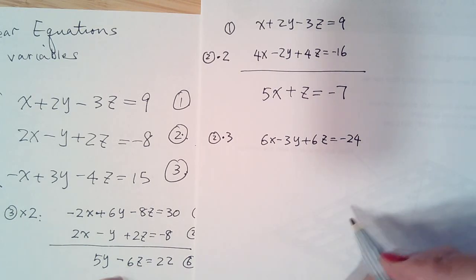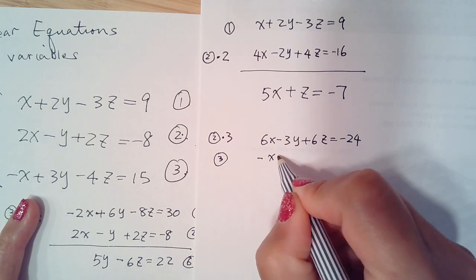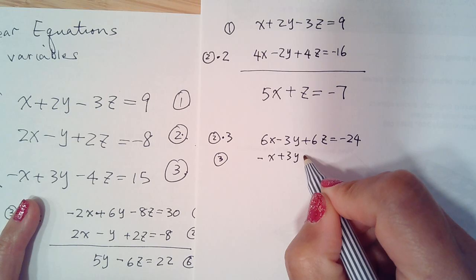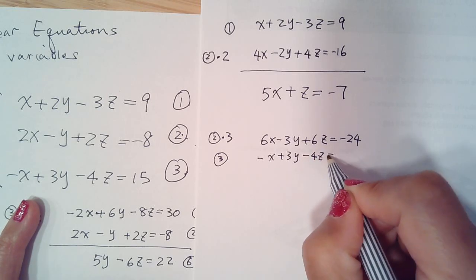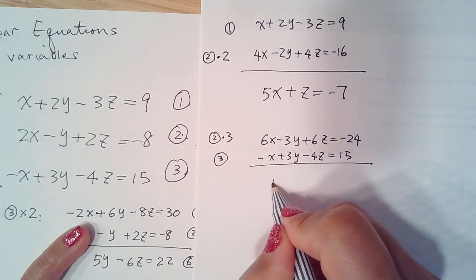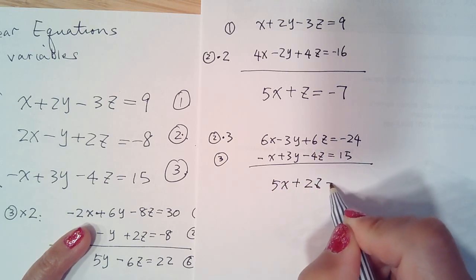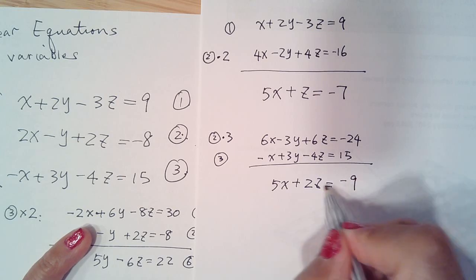Okay, and then I copy the number 3. That is negative x plus 3y minus 4z, equals 15. I add them up. Y will be gone. I get 5x plus 2z equals negative 9.